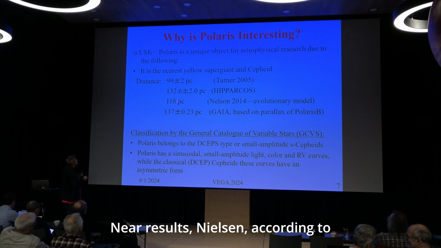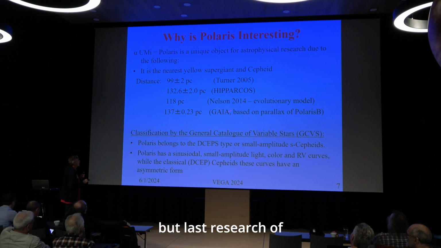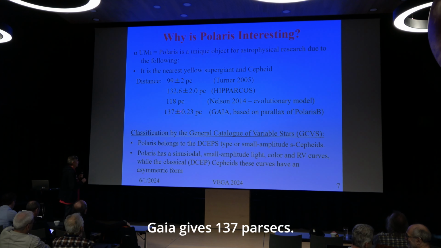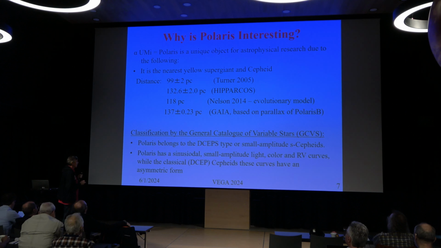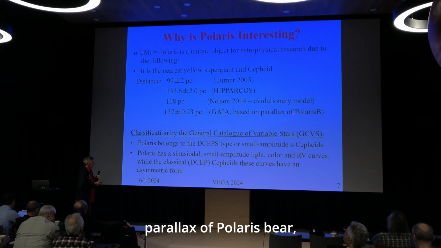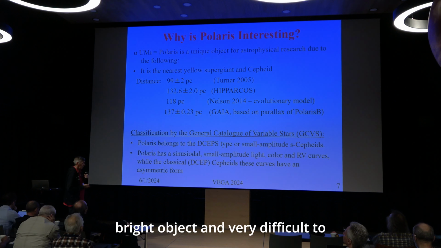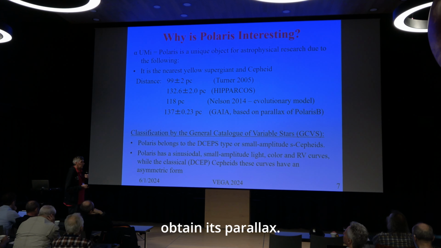Nelson, according to an evolutionary model, has 118 parsecs, but the latest Gaia researchers give 137 parsecs. But these data are based on the parallax of the Polaris B companion, because Polaris is a very bright object and it is very difficult to obtain its parallax.